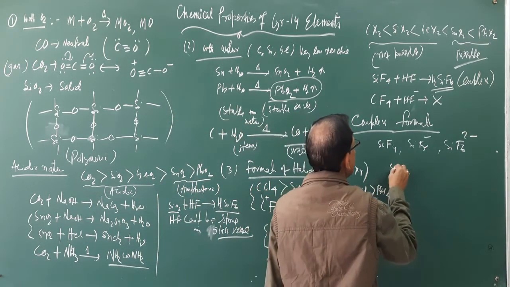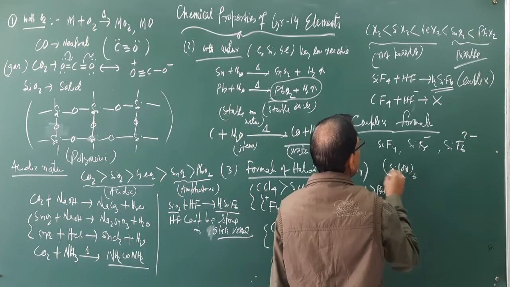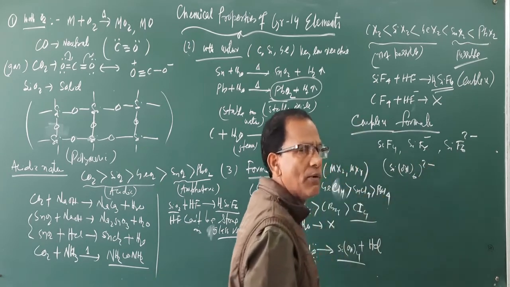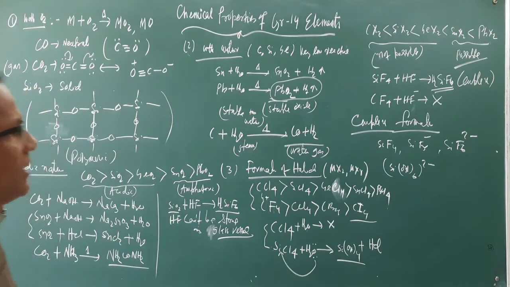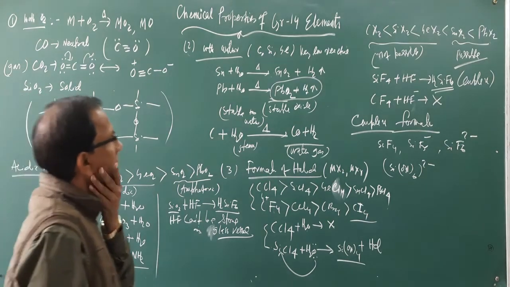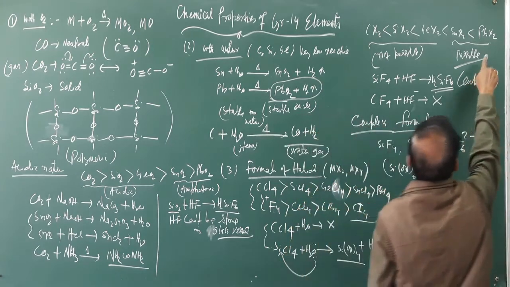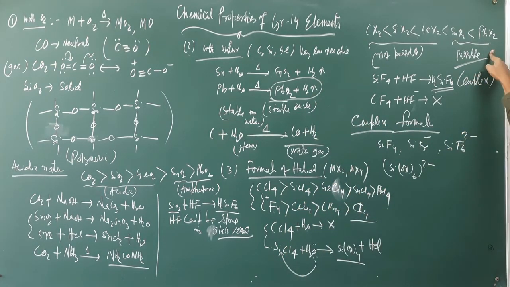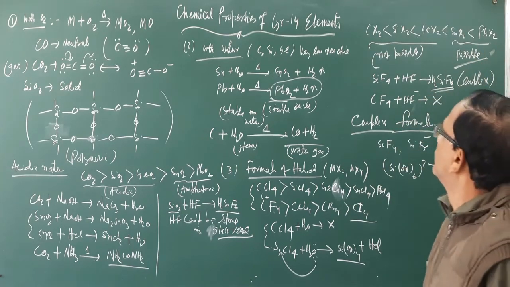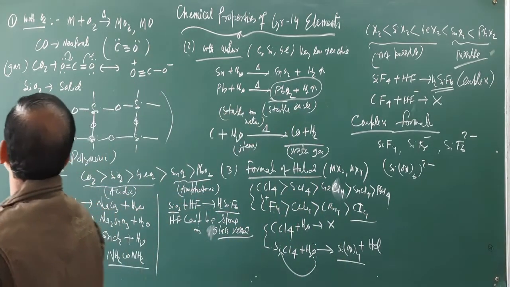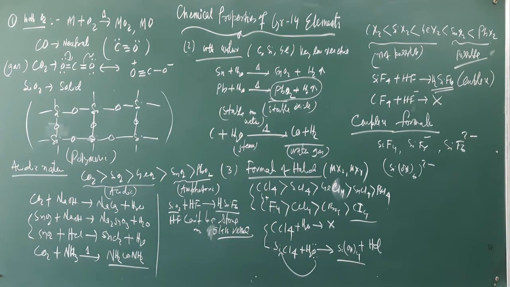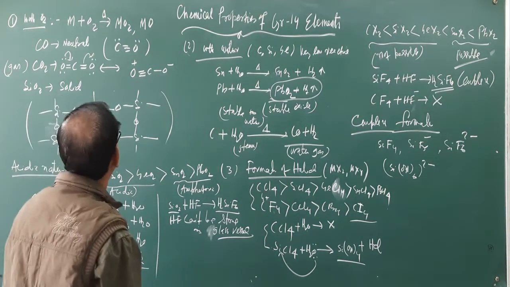Silicon also produces Si(OH)6 2 minus. This type of complex is possible because silicon has vacant d orbital. So higher covalence is possible in silicon, germanium, tin, also lead. And the stability of lead in the +2 state is greater due to inert pair effect, as already discussed. So this is regarding some important properties and comparison of compounds of carbon, silicon, germanium, tin and lead.